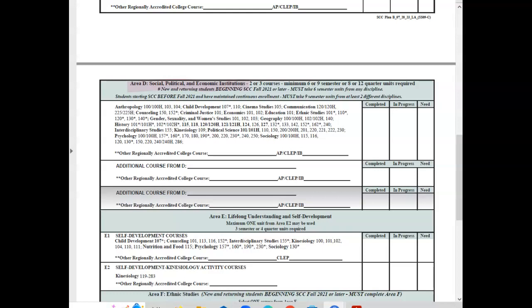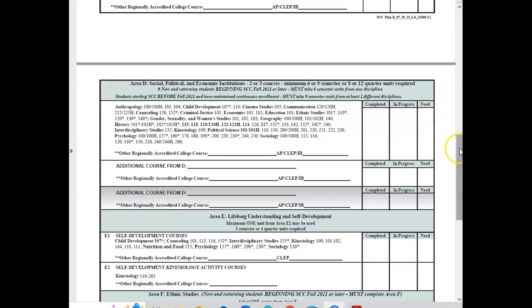So just make sure that, I want to underline this, if you started at the beginning of fall 2021 or later, you must take 6 semester units from any discipline, which means that 6 units is 2 classes from this area only. Because in fall 2021, the Cal State system created a brand new requirement.